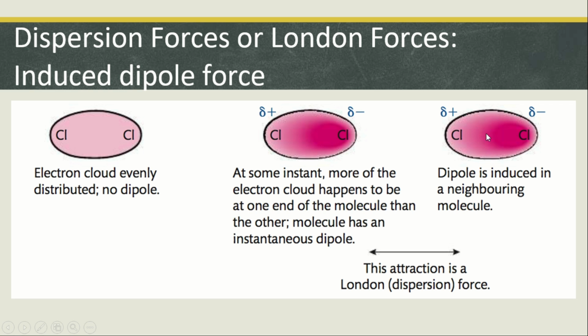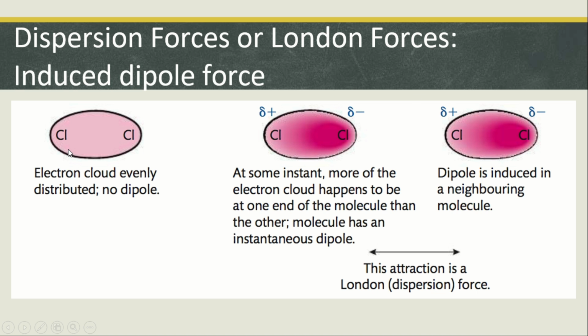There will be a distortion within wherein the electrons are moving to the other side, so one side is partial positive and the other side is partial negative. And of course, because opposites attract, they will form the force of attraction, the intermolecular forces, which we call the dispersion forces or London forces.